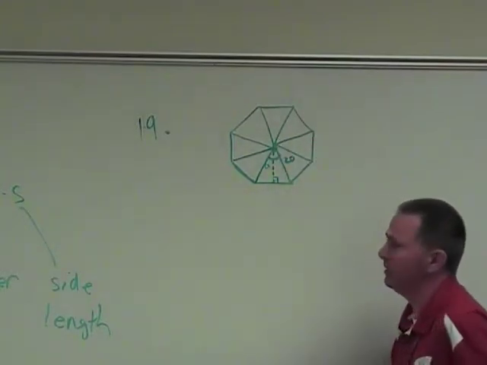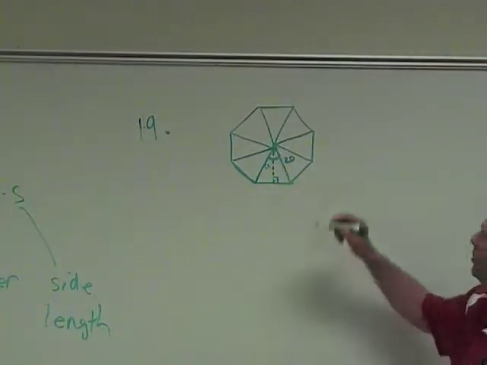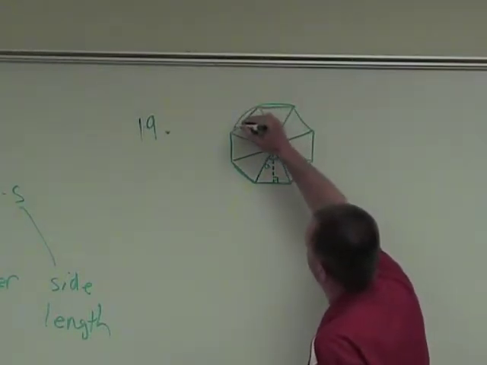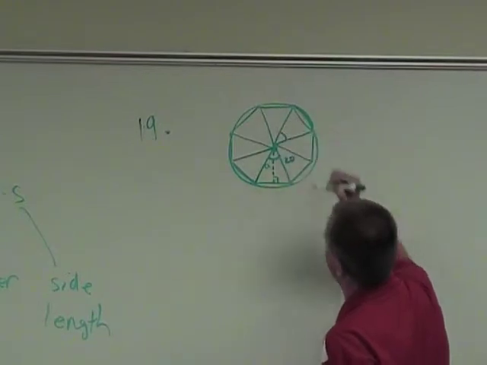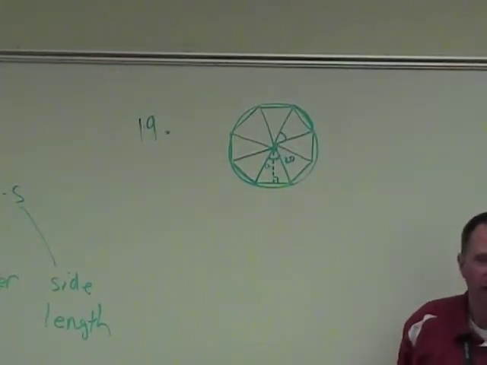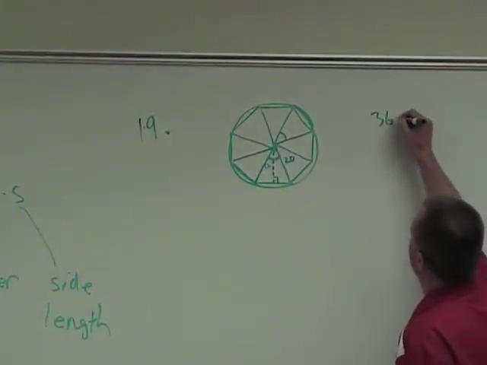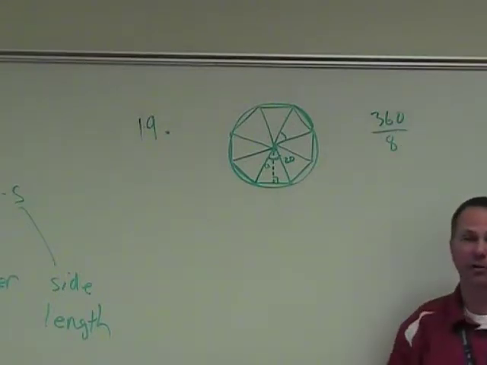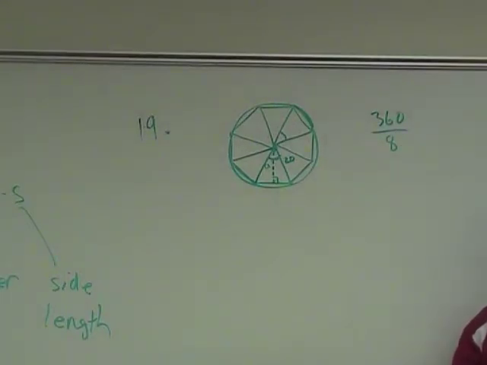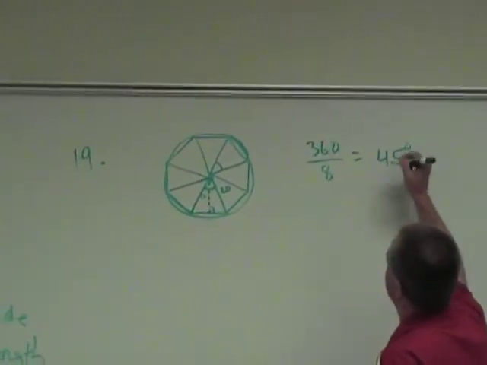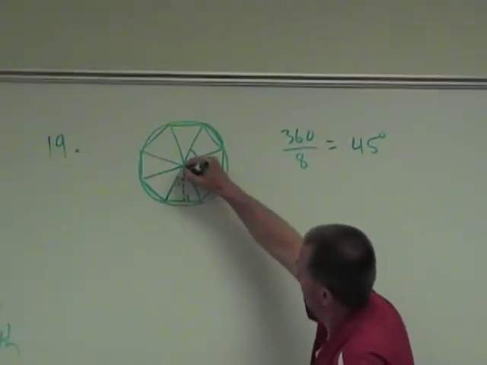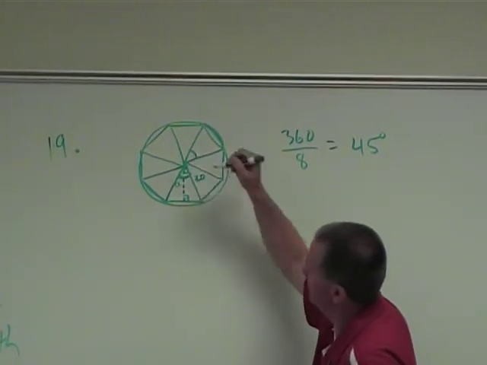How many degrees are in the circle? This is a circle, right? And this degree is the same as the central angle, isn't it? So if I take 360 degrees and divide it by how many sides are in my regular polygon, I'll get that central angle. What is that? 45 degrees. That's this whole thing.